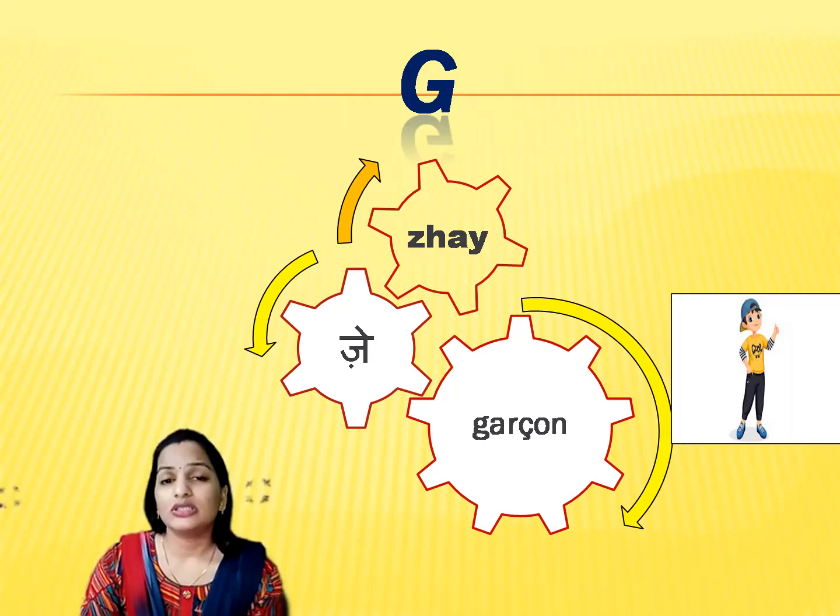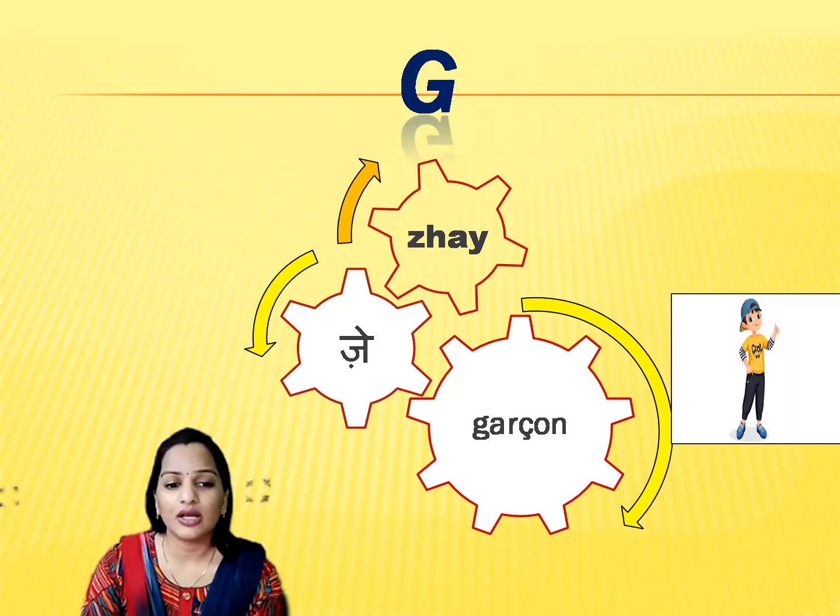But for now, just understand that G is pronounced as J. And one example from the letter G is garçon. A garçon means boy in French. So what do we call a boy in French? It is garçon. Très bien.